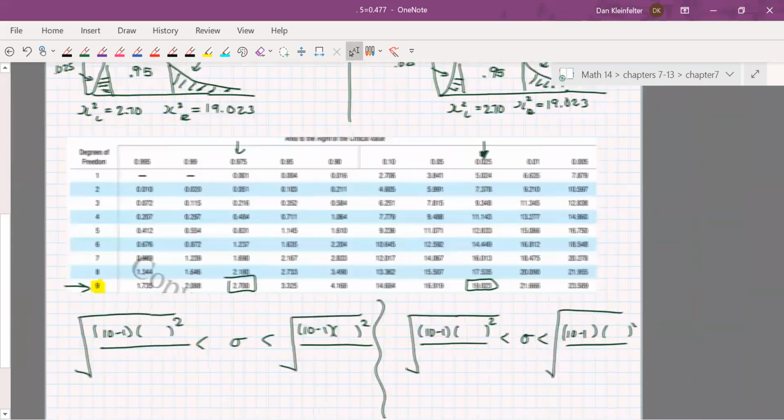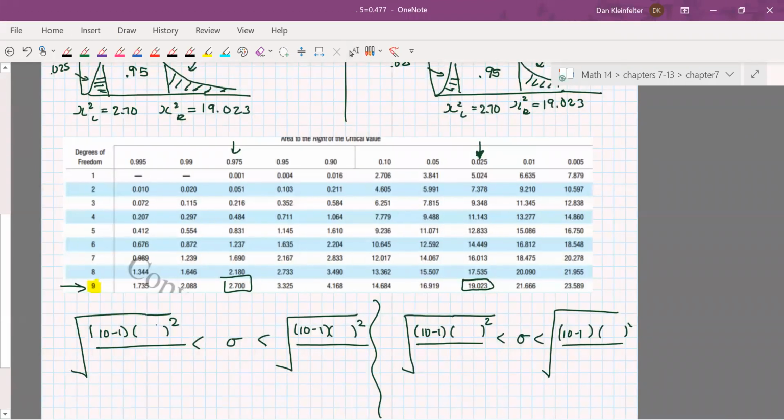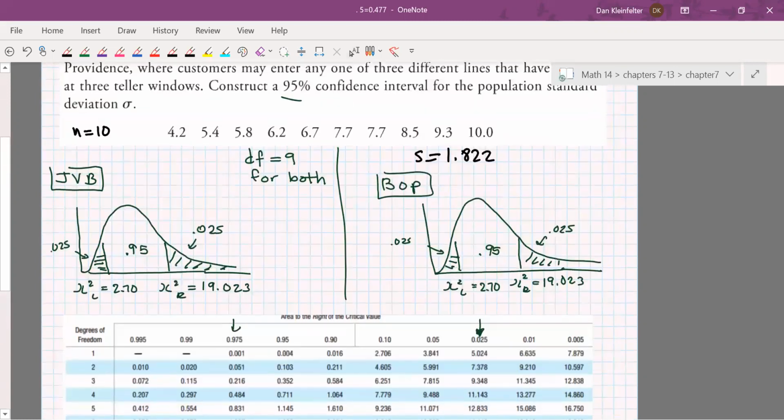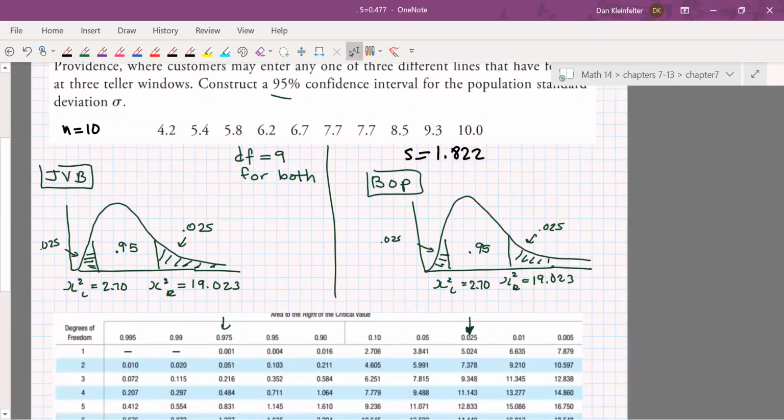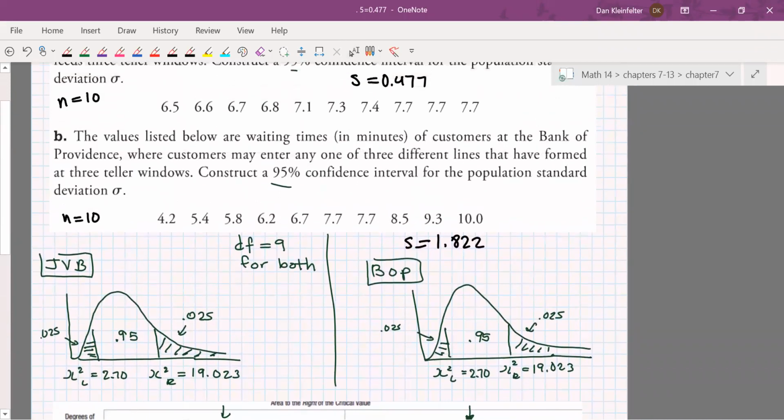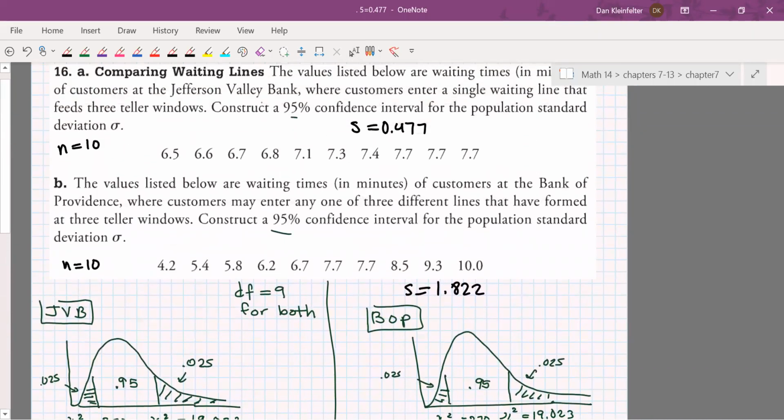Okay, so I've started filling out the formulas for these. So the chi-squared right is 19.023. That was for both. The chi-squared left was 2.70. That's for both. I'm doing Bank of Providence on the right and Jefferson Valley Bank on the left. So Jefferson Valley Bank was first.